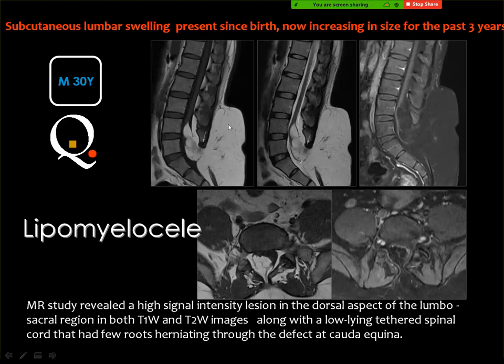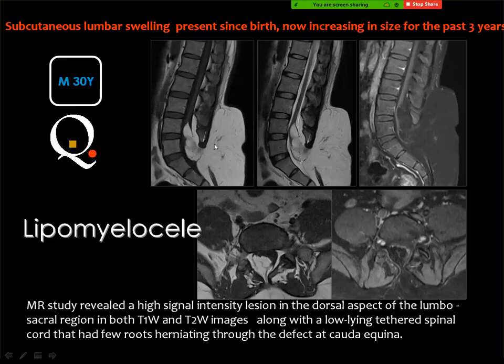So, if you see that the lipoma inside the spinal canal is continuous with the lipoma in the subcutaneous space, this is lipomyelocele. Then you see the site of attachment of the fat to the cord. If it is inside the spinal canal, this is lipomyelocele.